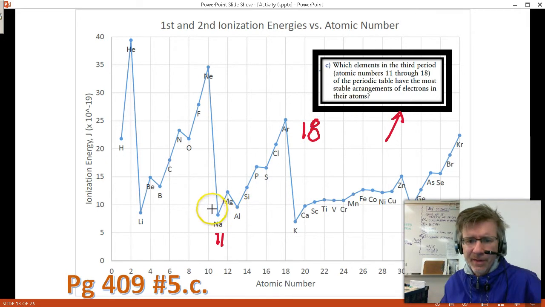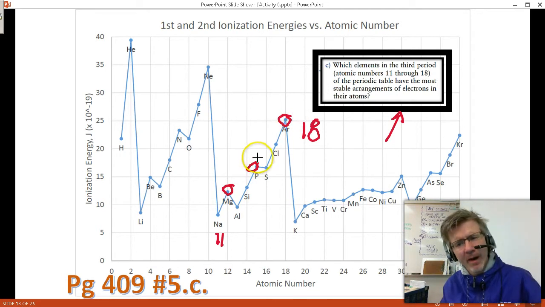So sodium. Oh, magnesium has a little bit of stability. Phosphorus maybe a little bit relative to the others, but then of course argon has a high ionization energy relative to those atoms immediately around it in the table or on the graph here. You might think that magnesium, phosphorus, argon, they're a little bit more stable than their neighbors.